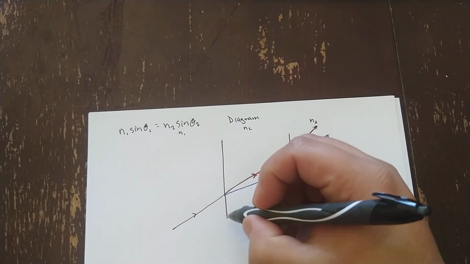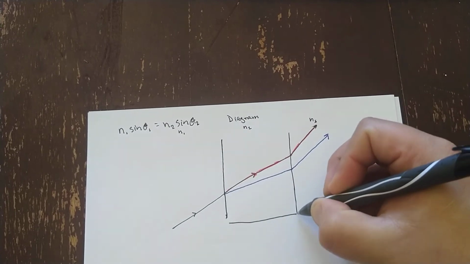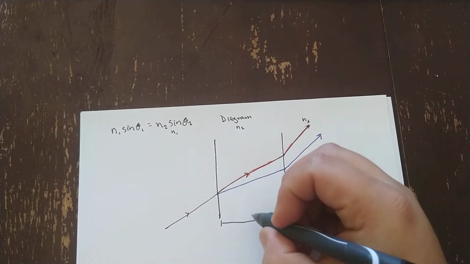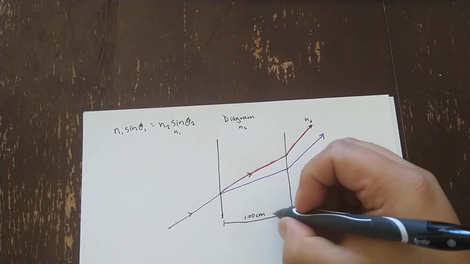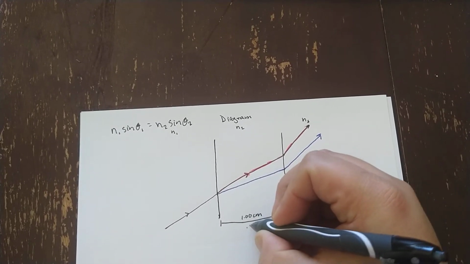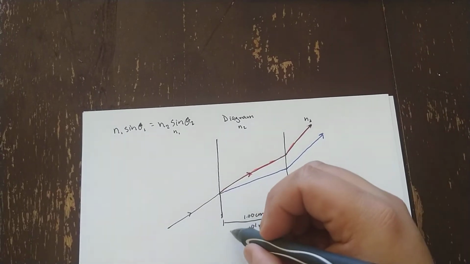Now, from the problem, the thickness of the glass, the crown glass specifically, is 1.00 centimeters, or we're just going to call it 0.01 meters, because we're going to need that information later.